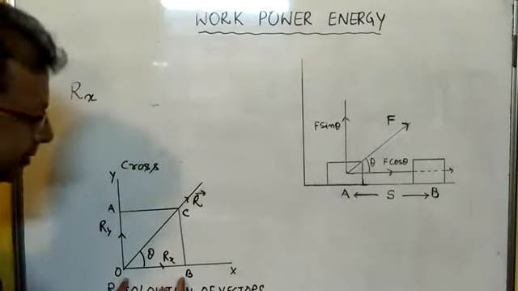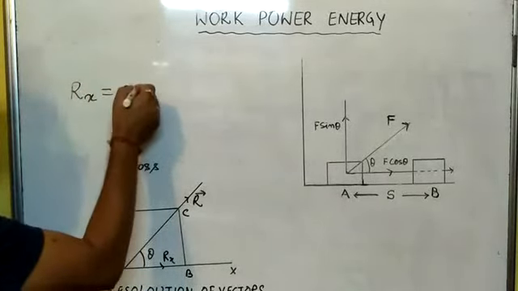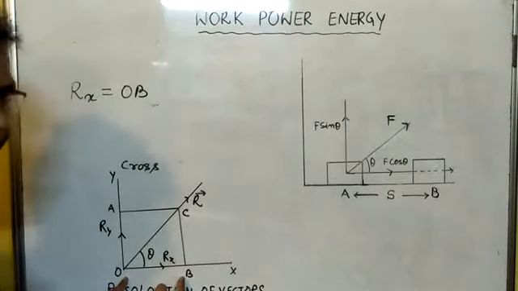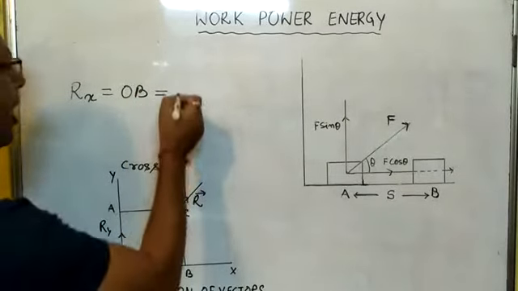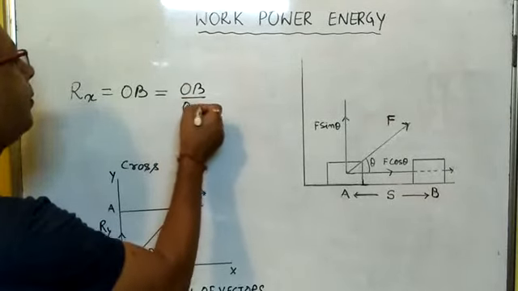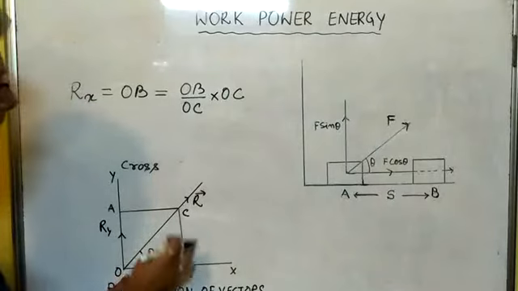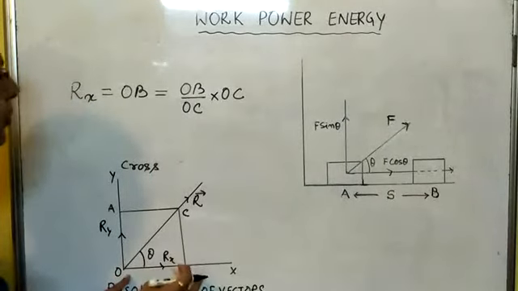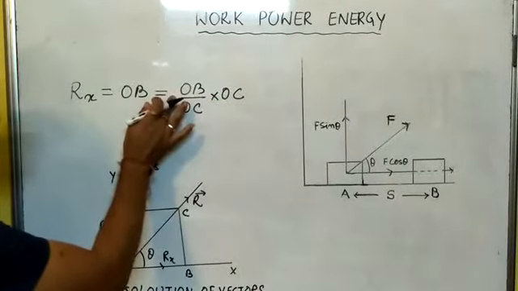How much is Rx? From the diagram, Rx is OB. We can write OB as OB by OC into OC. If you cancel, you get OB only.